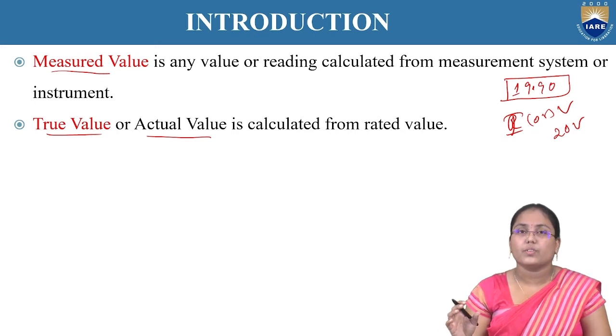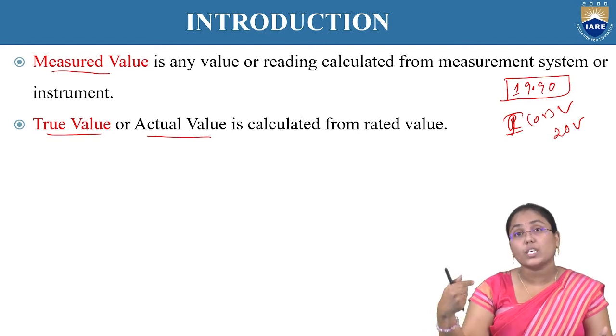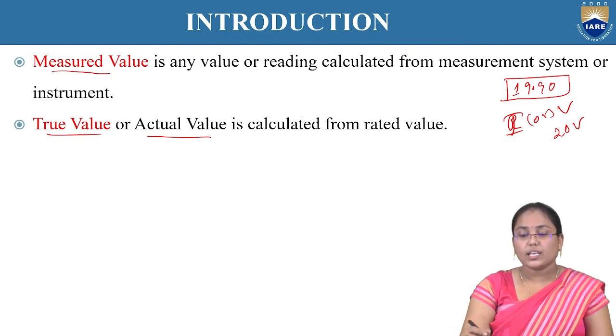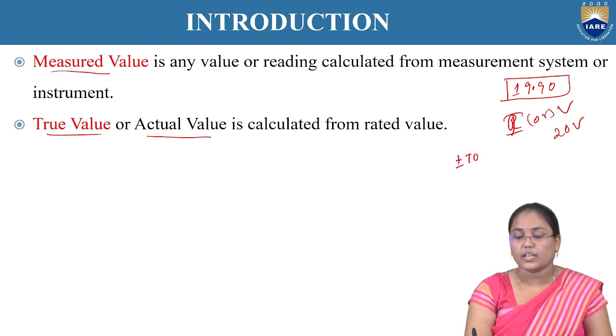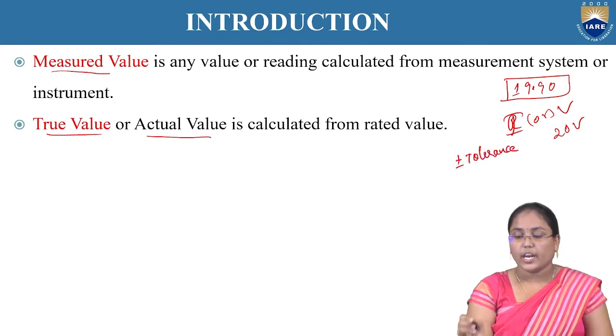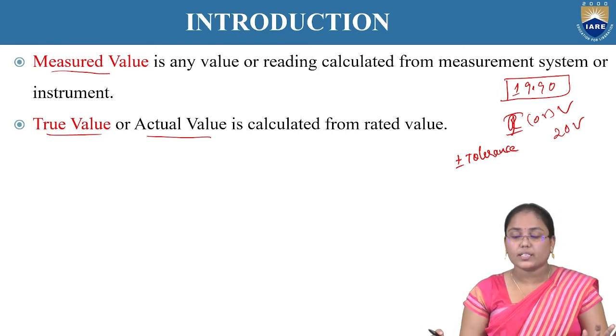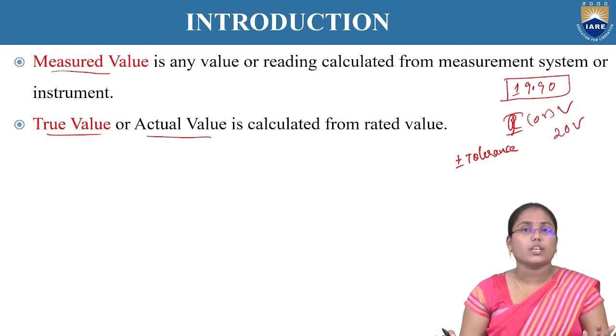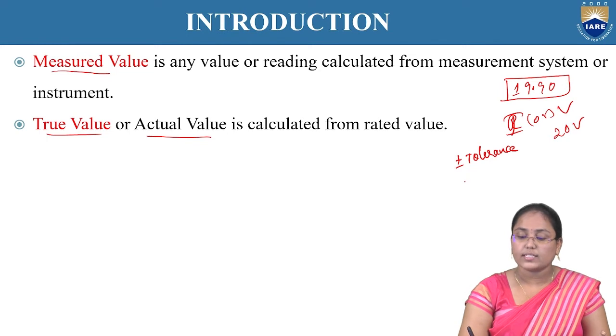All these elements are already designed and we use them in the circuit. These elements also have plus or minus some tolerance value. They won't have their exact value, but there will be some tolerance rate provided, and they also have temperature ratings.